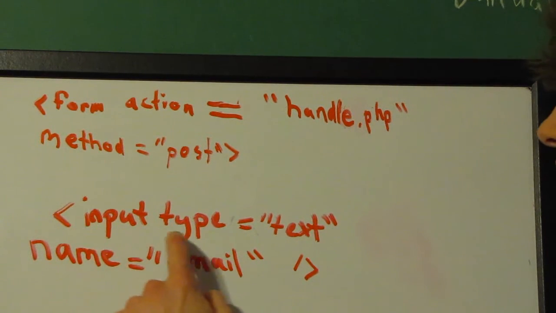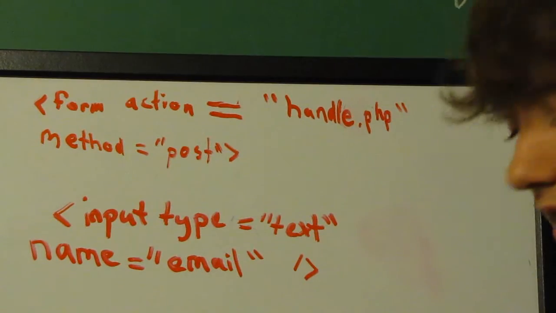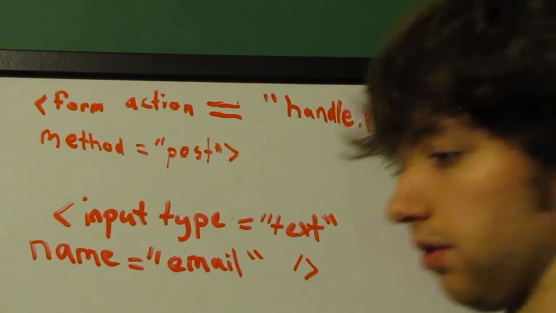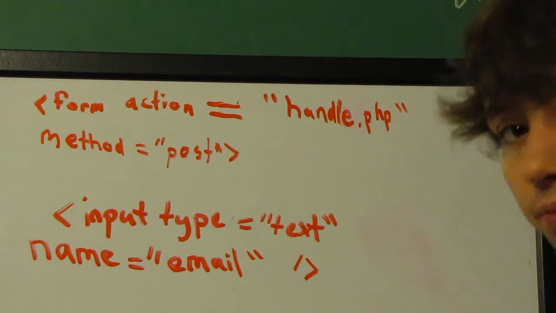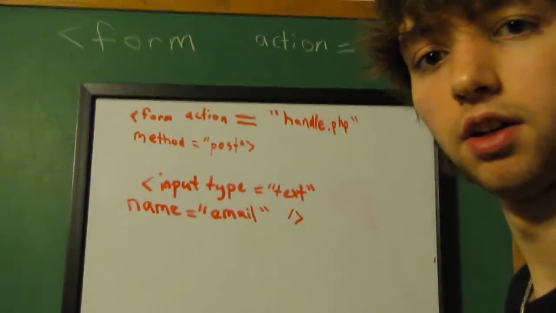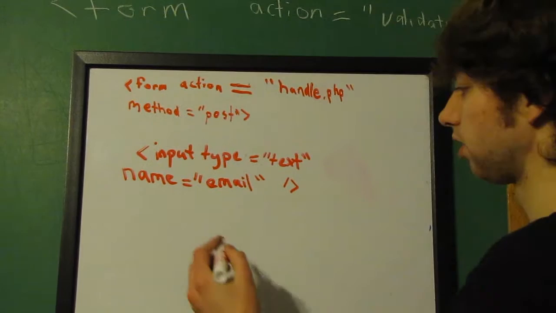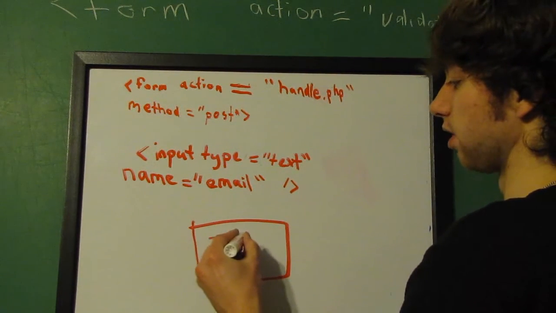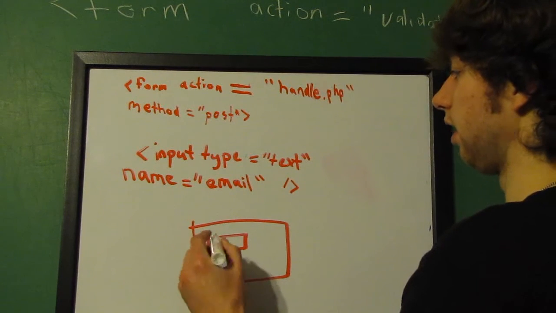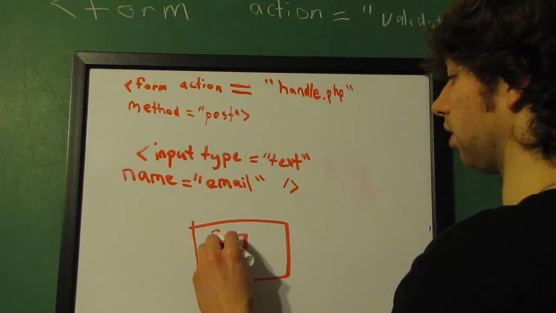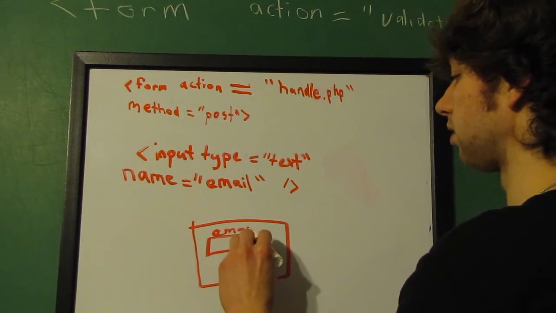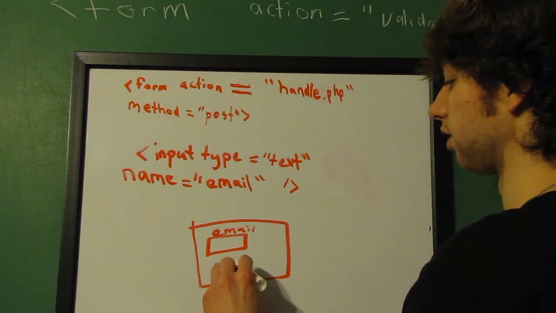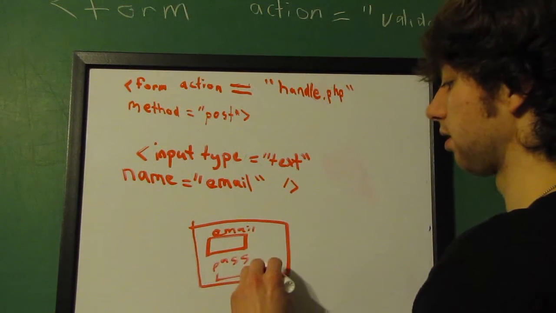The input type, that is an actual form piece within our web page. So, let me zoom out here for a sec. If we have a web page, this form, it asks for something, so we could have, okay, enter your email, and then we could enter a password, right?